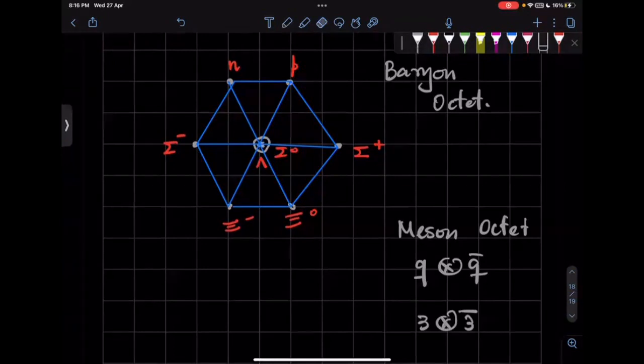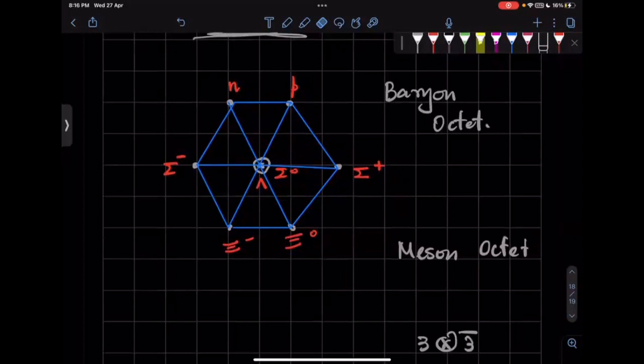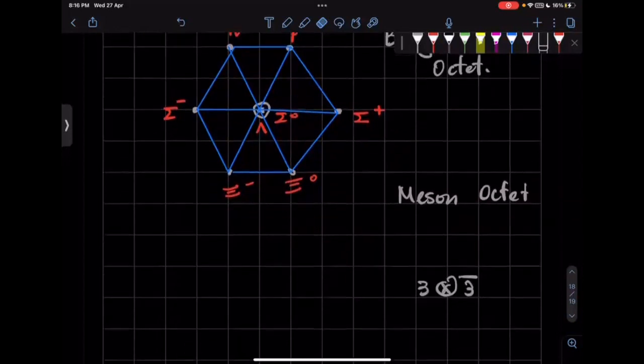The mesons are the particles which are exchanged in strong interaction by baryons. Baryons interact with each other by exchanging meson particles, and they also turn out to be bound states of quarks and antiquarks.